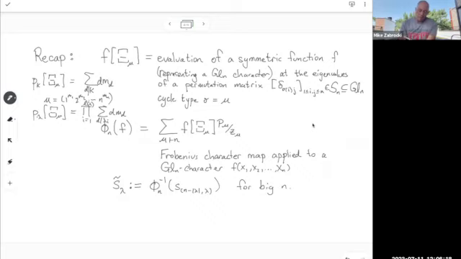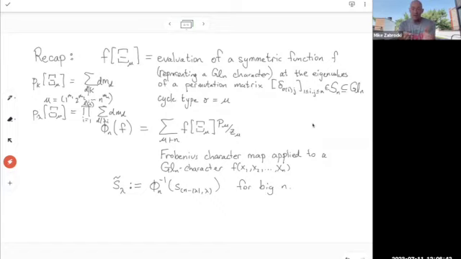Then I define the Frobenius image to be the sum over all possible cycle types mu of the character evaluated at a permutation of cycle type mu, weighted by p mu over z mu. This is known as the Frobenius characteristic map.